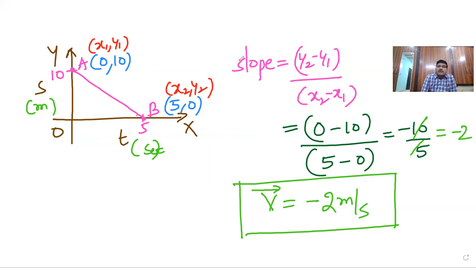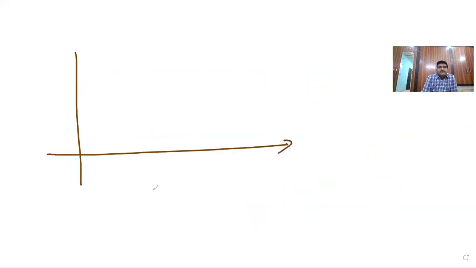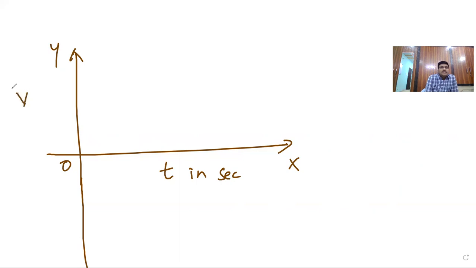Now we have the quantity, so we arrive at the final graph. What does it require? A velocity time graph. On the x-axis is time t in seconds, and on the y-axis is velocity in meter per second.